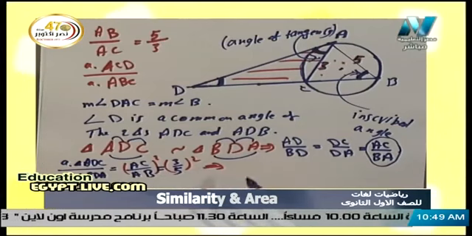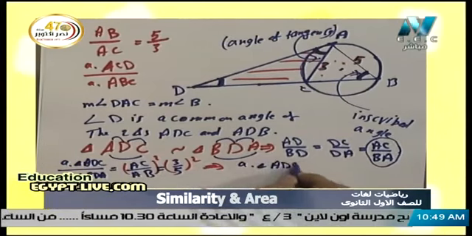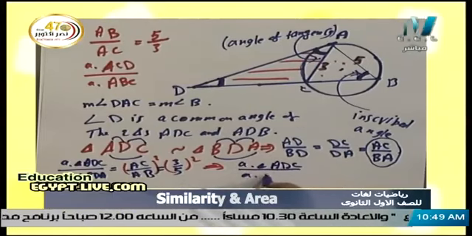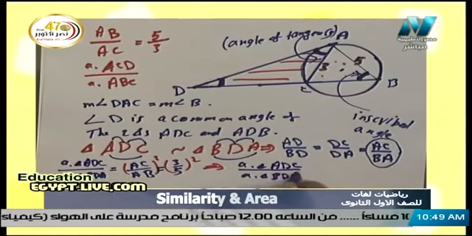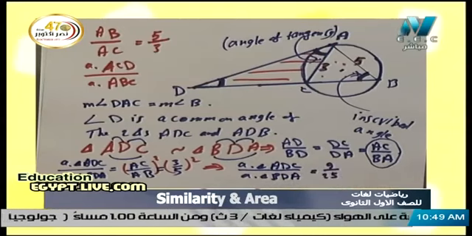So we can say that the area of triangle ADC over the area of triangle BDA equals 9 over 25.